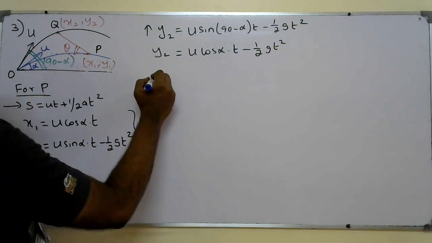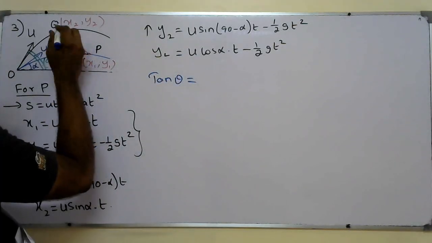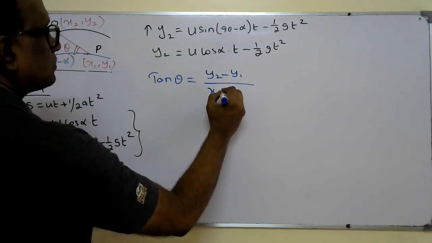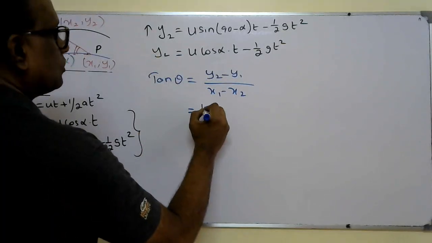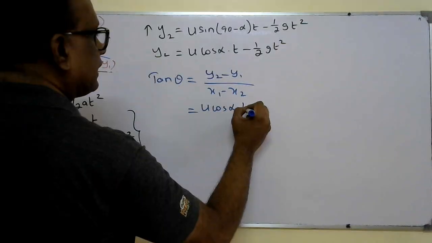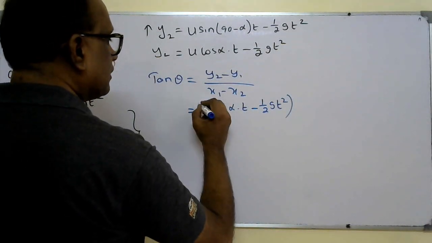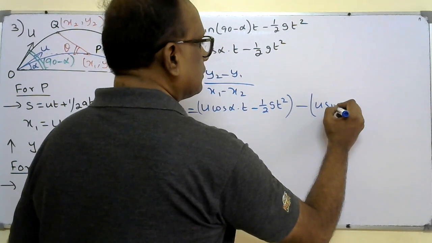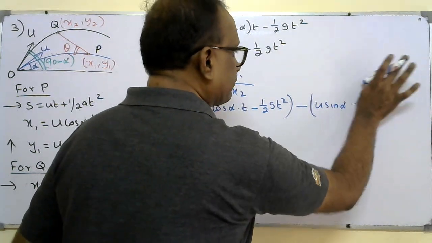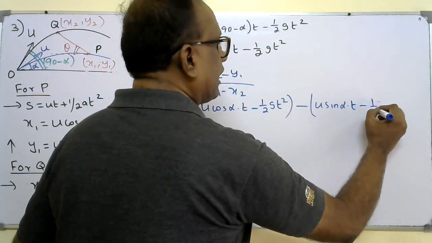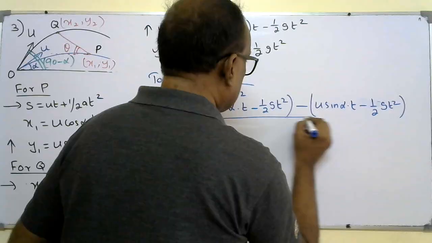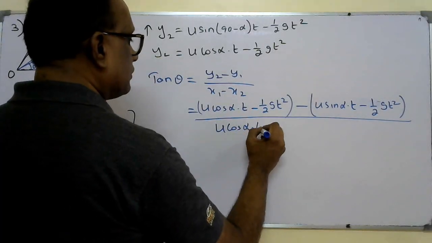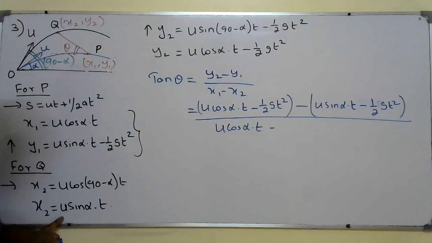So tan theta equals y2 minus y1 over x1 minus x2, since y2 is the larger value and x1 is larger. y2 is u cos alpha into t minus half gt squared, minus y1, which is u sine alpha into t minus half gt squared, over x1, which is u cos alpha into t, minus x2.